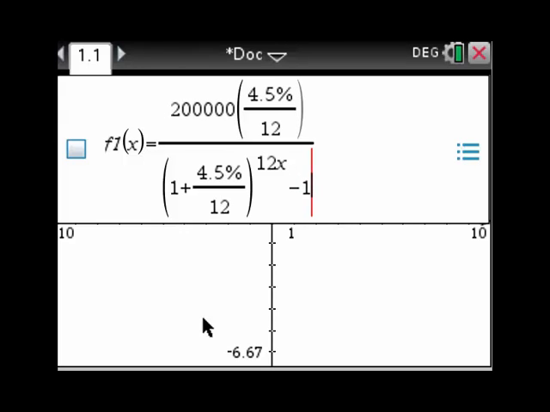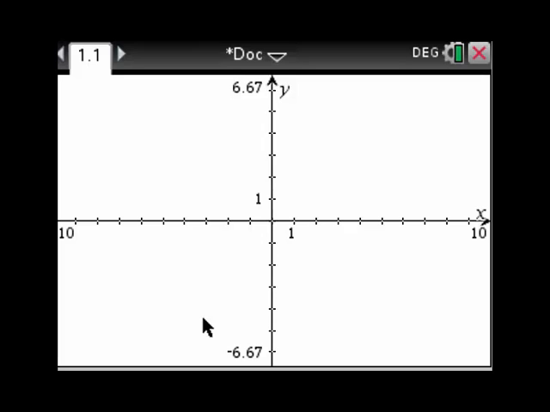So hit enter, and I see nothing. So I have to adjust my screen. Actually, no, I don't, because I don't care about my screen. I care about the table.